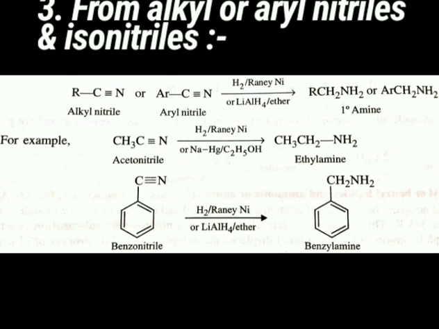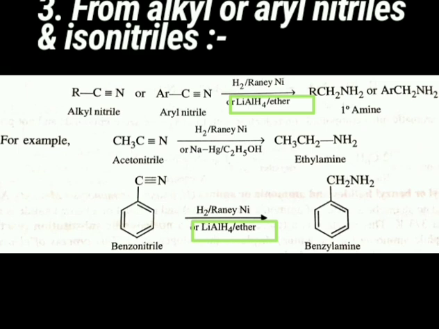Number one is catalytic hydrogenation, in which we react hydrogen gas in the presence of Raney nickel. Raney nickel is just spongy nickel metal. The other method is by using the strong reducing agent lithium aluminum hydride in the presence of ether.